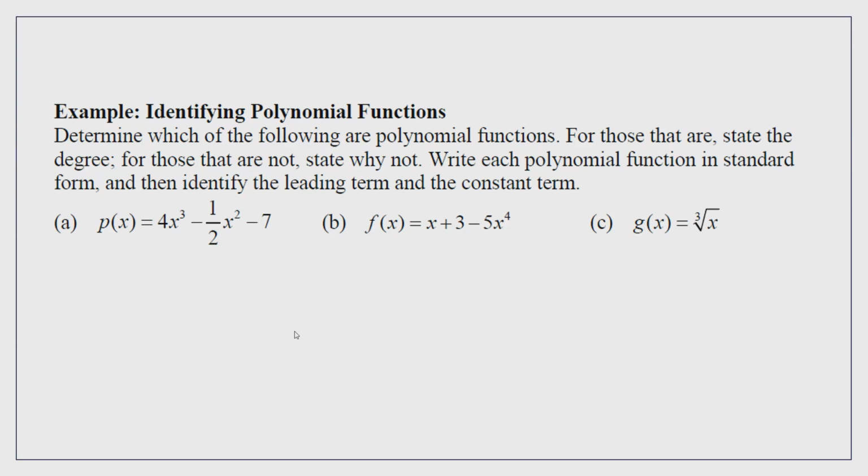So for A, we have P of x equals 4x cubed minus 1/2 x squared minus 7. For it to be a polynomial, our coefficients need to all be constants. n is greater than or equal to 0, is an integer, and x is our variable, so it's only in one variable.